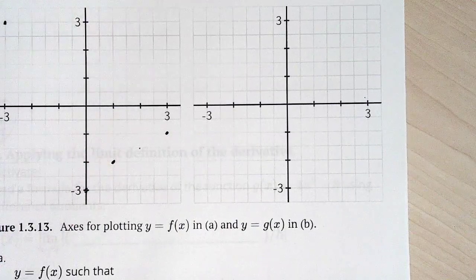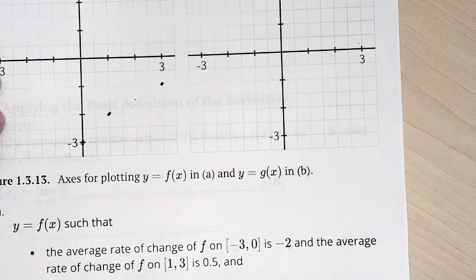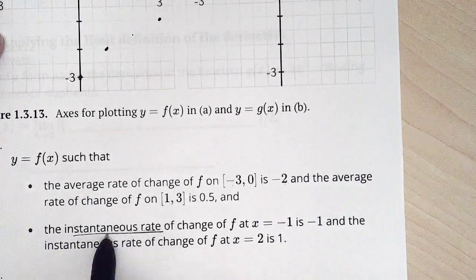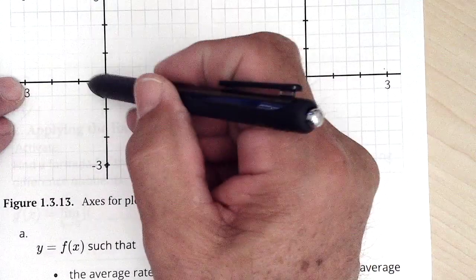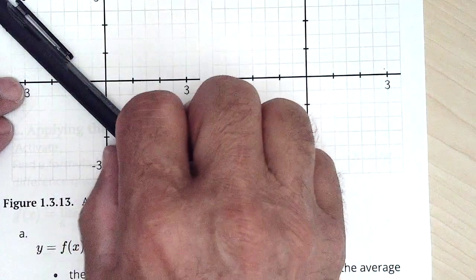Doesn't say how these are connected, but it says the slope of a tangent line, the instantaneous rate, how steep it is at -1, is -1. At -1, it has a slope of -1.